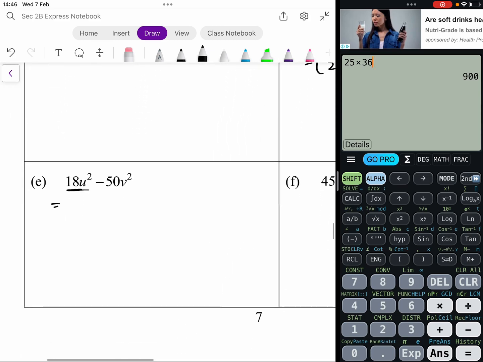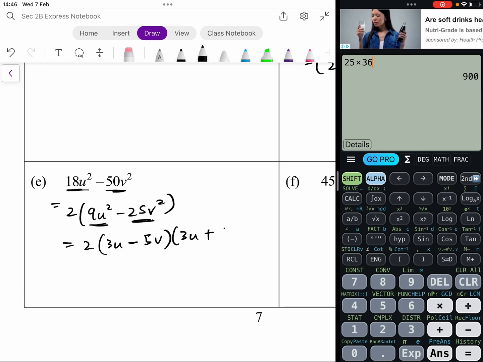Okay, you realize they're not perfect squares, but they have a common factor, which is probably 2. I get 2 times (9u squared minus 25v squared), and voila, I have two perfect squares. They minus each other, so I factorize. Square root of 9 is 3u, square root of 25 is 5v: (3u minus 5v)(3u plus 5v).